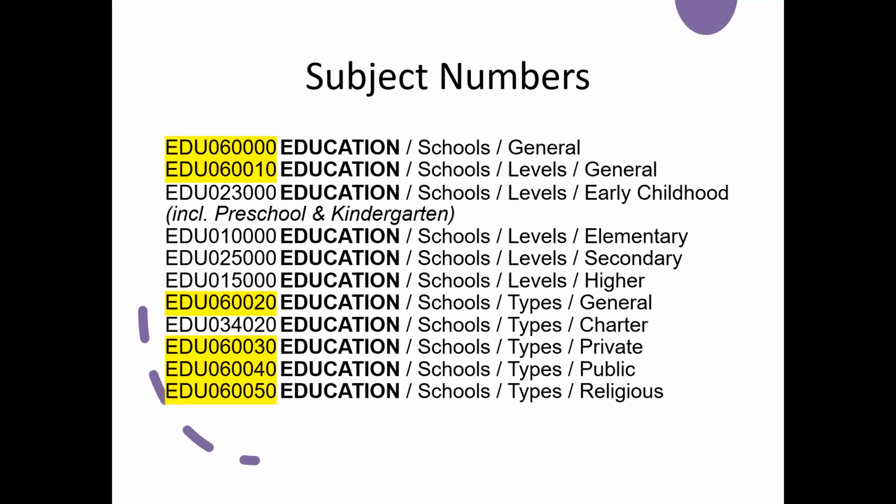But as literals changed, as new headings were added, because the headings always keep the same code, the numbering system got out of order. So, if Education / Schools / Levels / Higher was a new heading, it would be out of order, might not fit within the numbering system. So the numbers don't really mean anything.